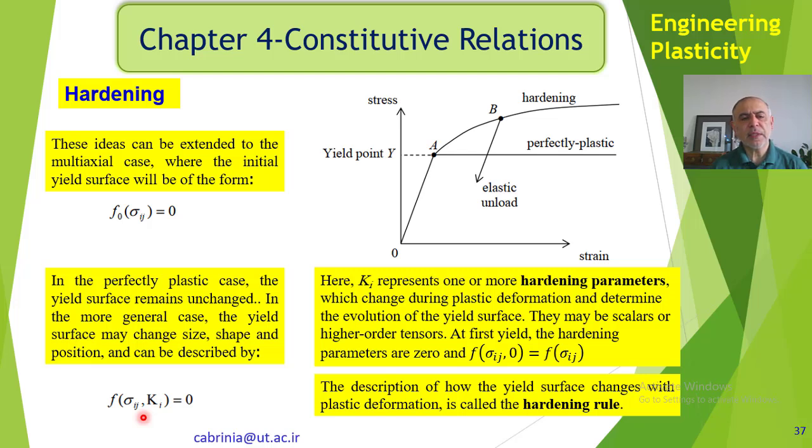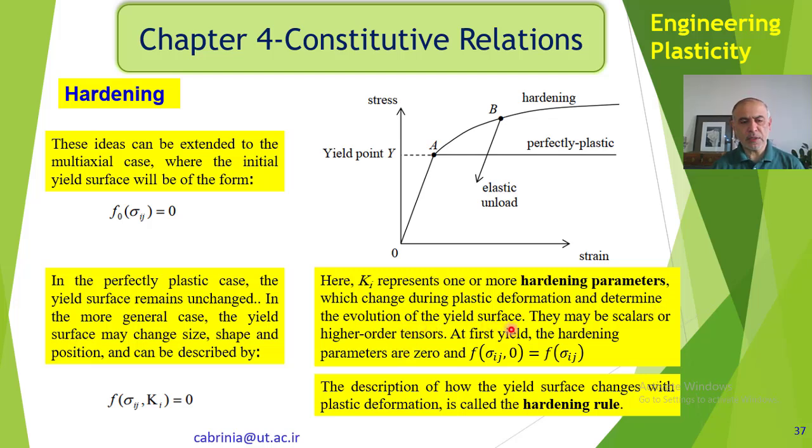These hardening parameters determine the size, shape, and position that the yield surface must change. So we introduce these parameters to show the constitutive relations for the hardening case. Okay, so these parameters change during plastic deformation and determine the evolution of the yield surface.